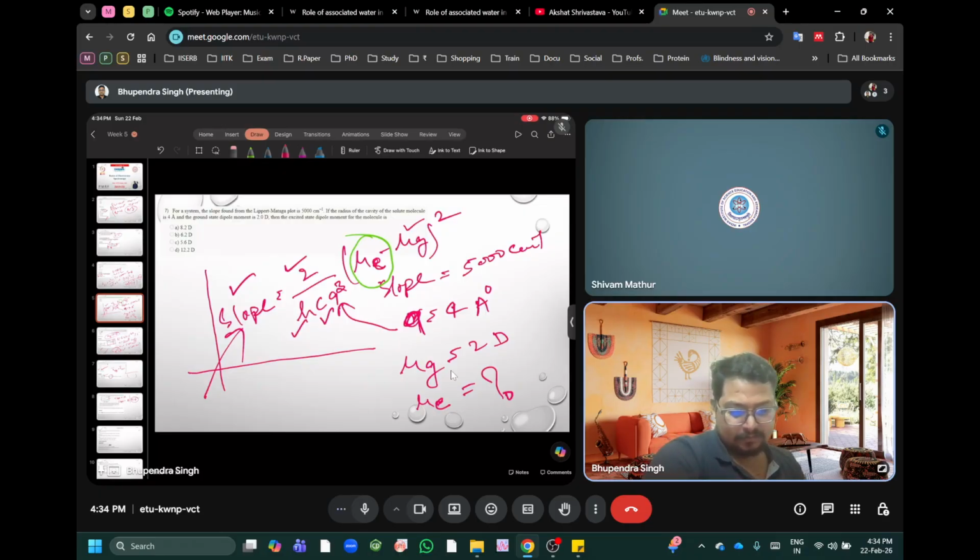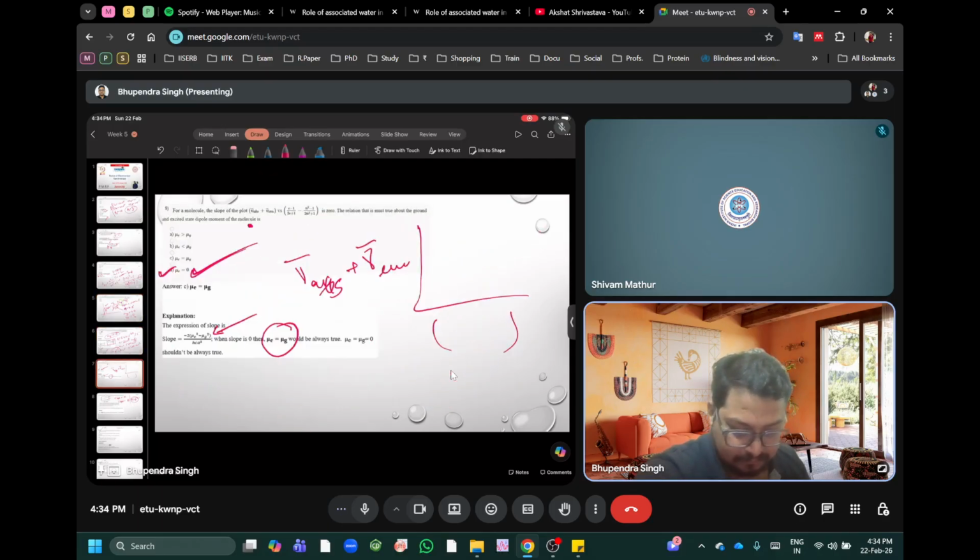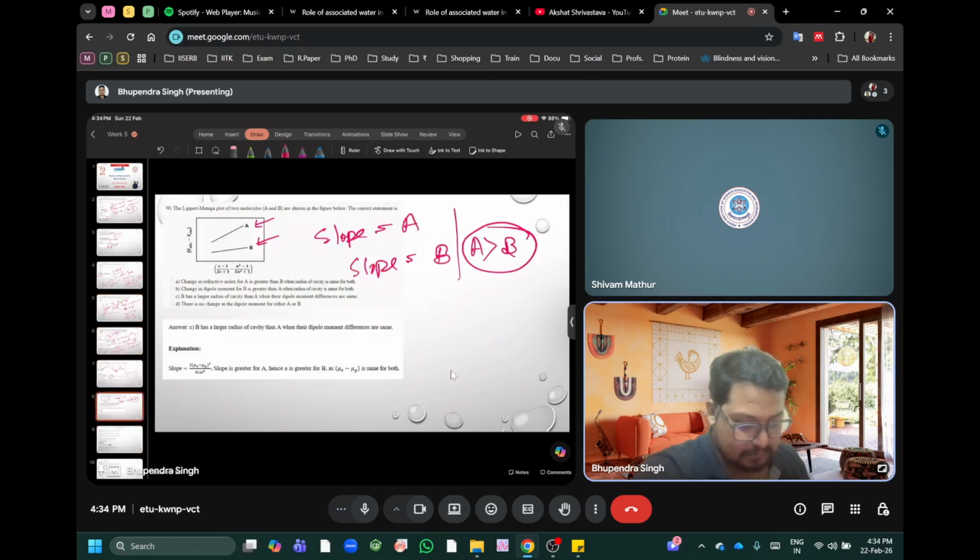Yeah, this is the formula, no? The slope is 2 divided by hcα³ times the bracket (μe minus μg) whole square.